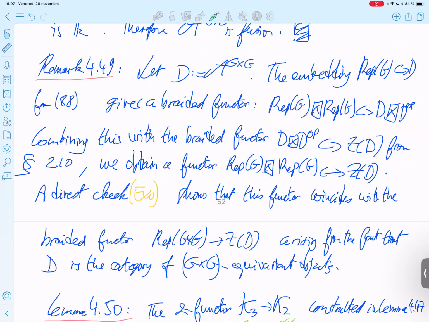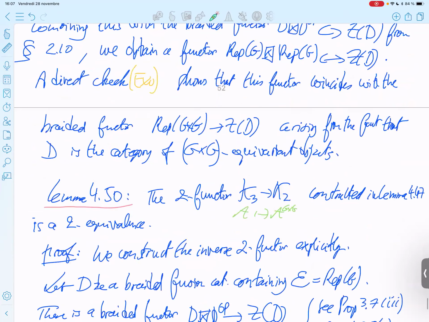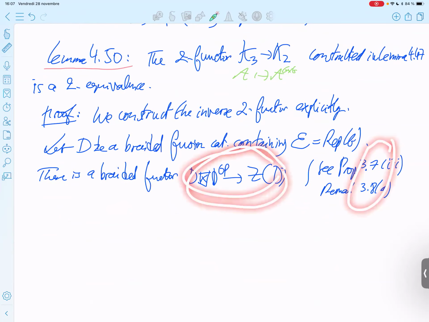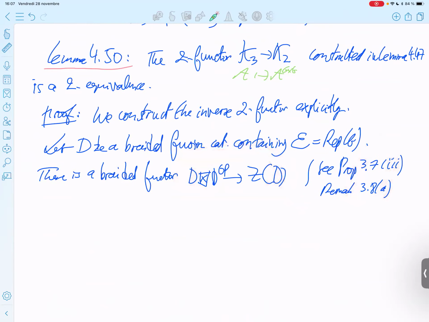You can have an embedding with D and D op, but it is really in this proposition that we show that this embedding is in fact an equivalence in the non-degenerate case.